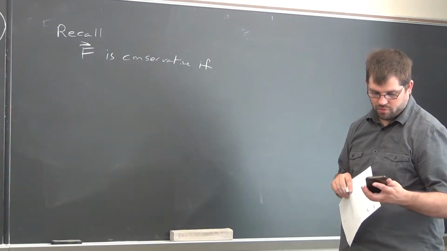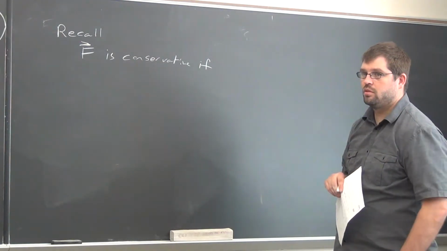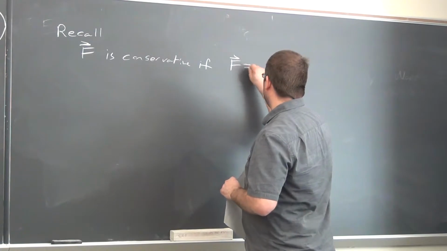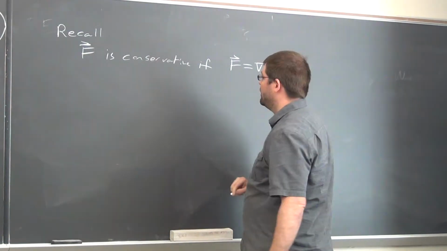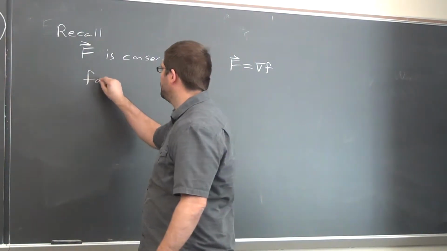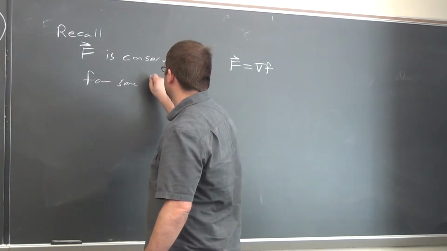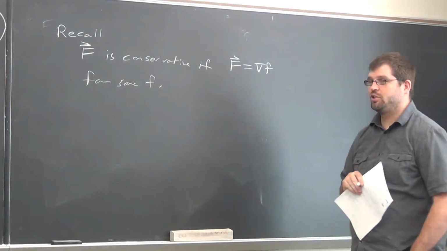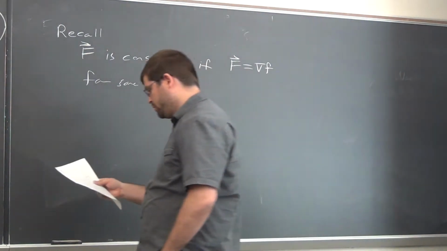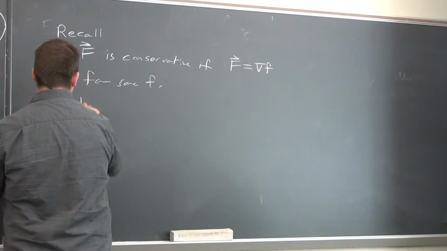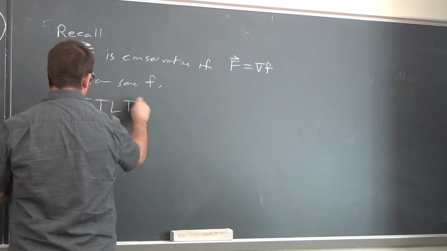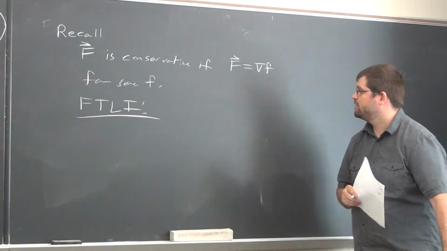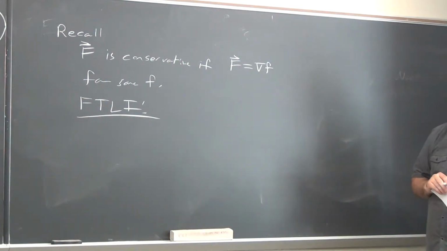The gradient of little f equals capital F. So capital F is the gradient of some little f, if this is true for some little f. And so the fundamental theorem for line integrals essentially says the following. We'll abbreviate it with this really nice FTLI from now on.